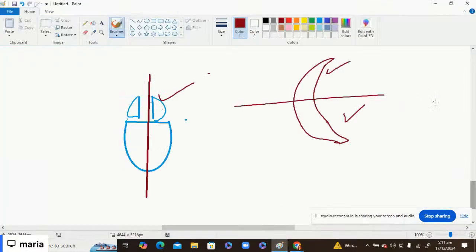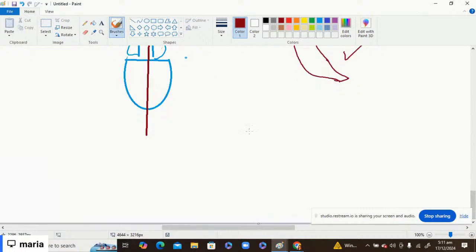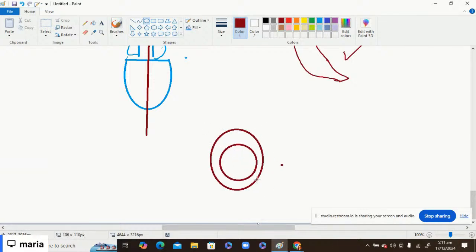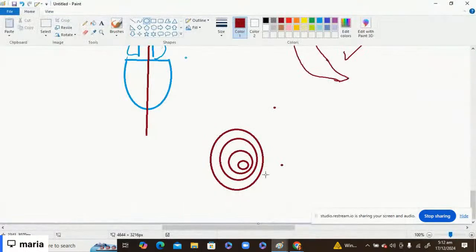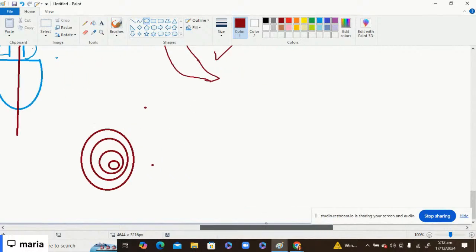It's in the shape of this way. For example, here is a circle, then a circle, then a circle, and then a circle. And from here, look at this one. It's like the shape of this. Oh, sorry, these are unmatched.